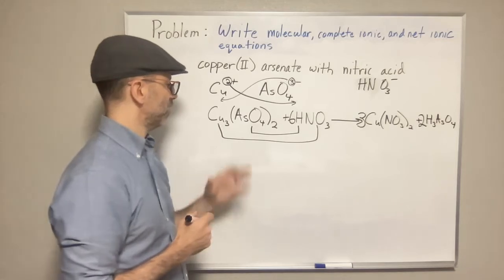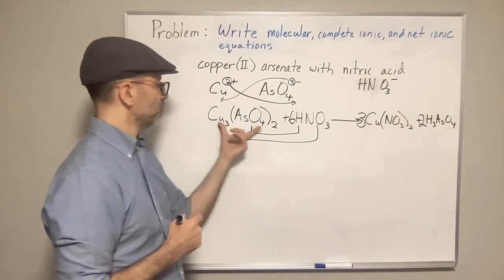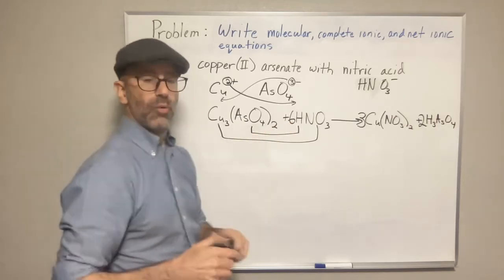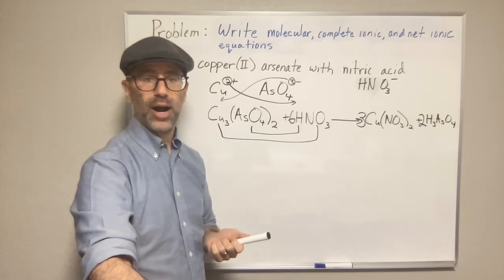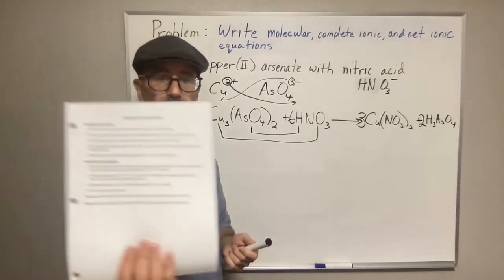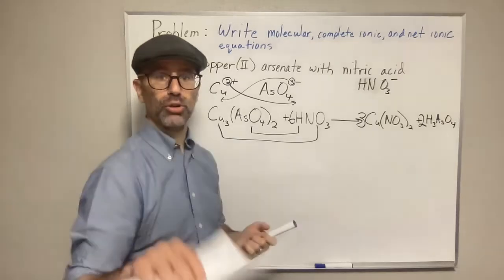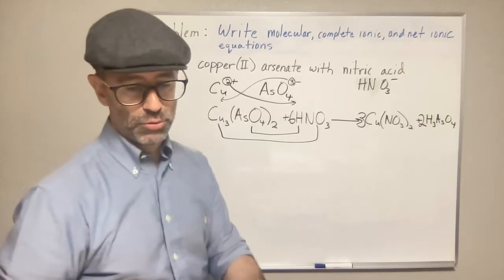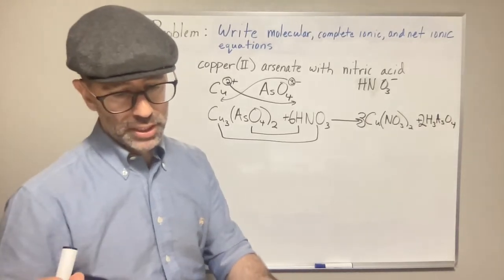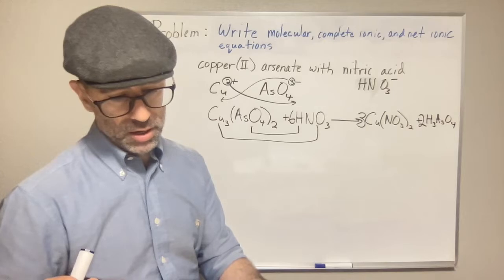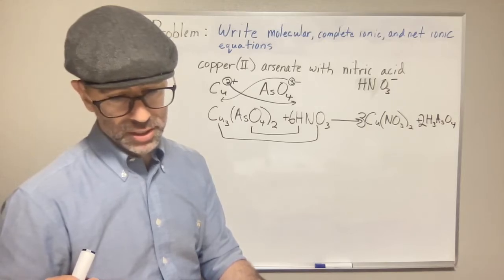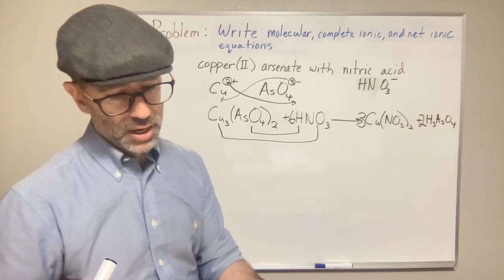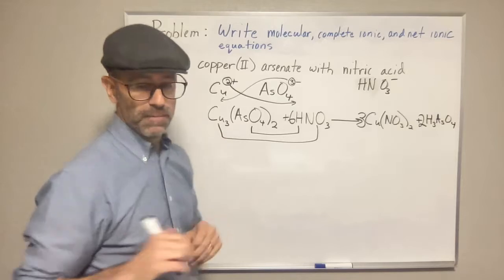And so the last thing is to figure out the states of matter. So when you're figuring out your states of matter for your ionic substances, it's always good to have some sort of solubility rule or solubility chart. Your teacher probably gave you one. I'm using solubility rules. So here I'm looking for arsenate, and my solubility rules don't have arsenate, but we do have copper.